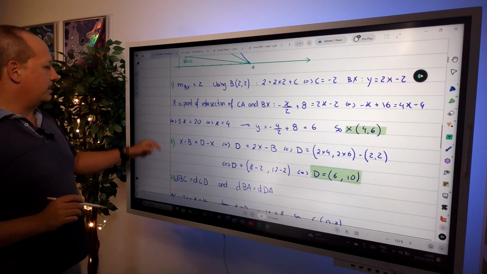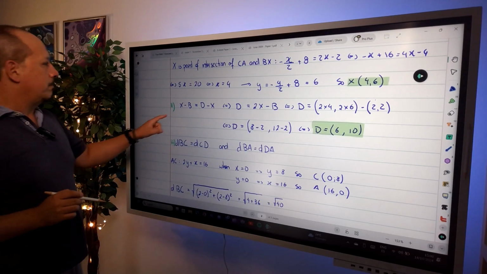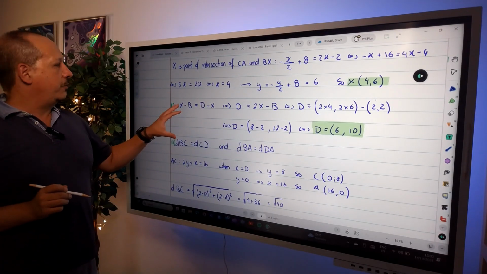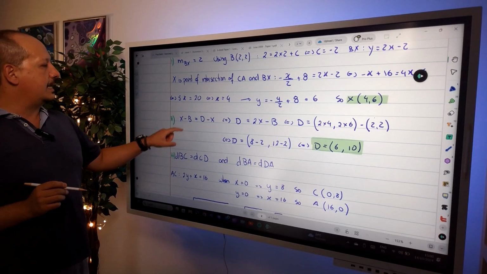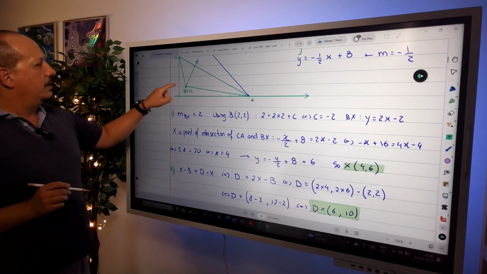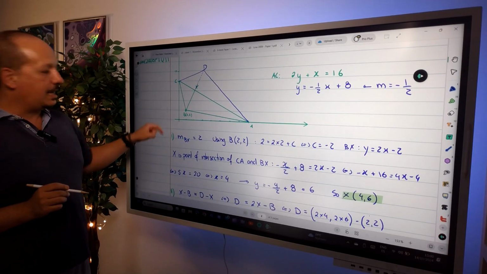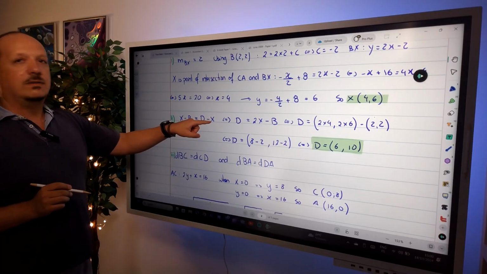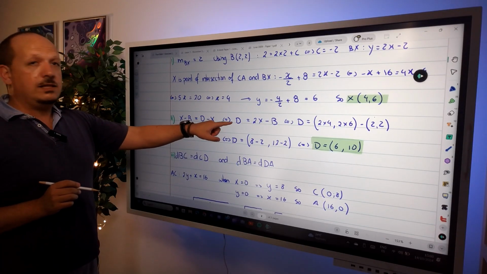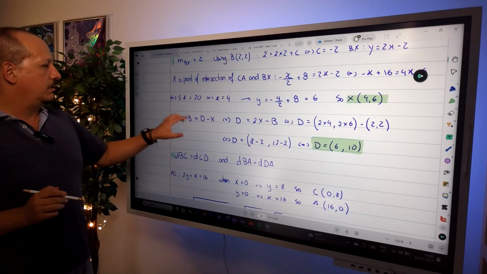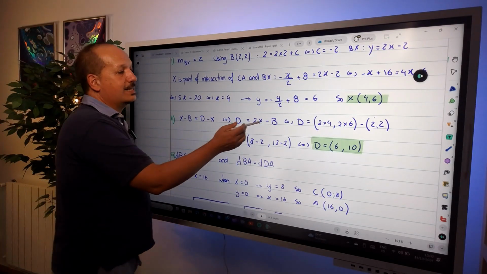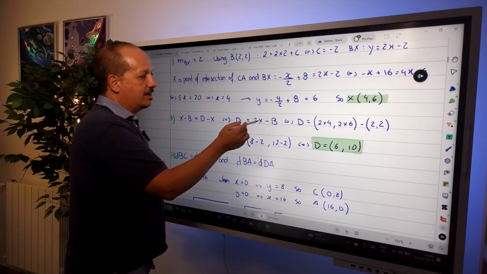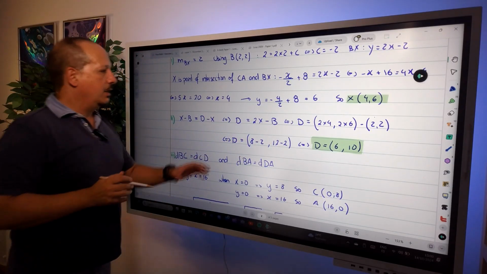How do you represent this mathematically? You put it in terms of vectors. You know that point X minus B needs to be the same as D minus X. So point D, the one that you want, is going to be, if you work this out, 2X minus B. Don't forget that these are the points themselves.